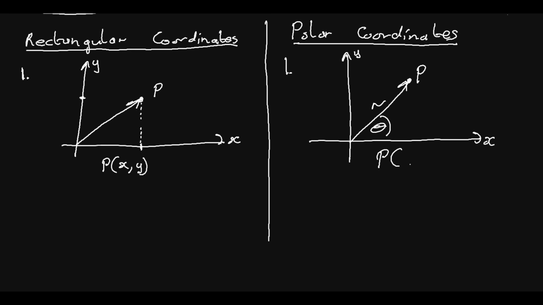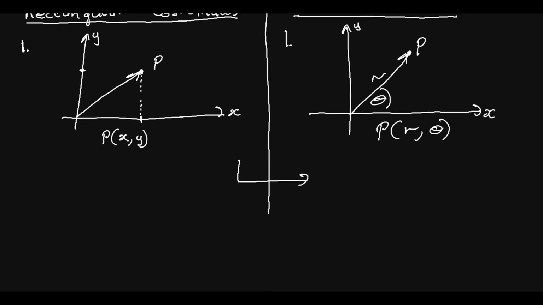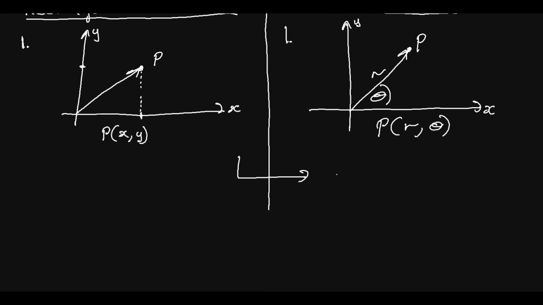So the point will be the radius and the angle. So that's what is needed. Okay? So if we are shifting from this side, and then you want to write things in polar form, so what do you do? Okay?